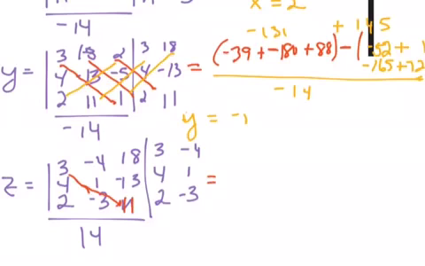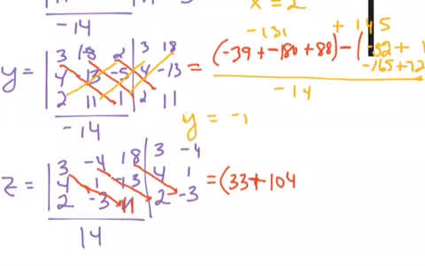All right, so I got 3 times 1 times 11 is 33, plus negative 4 times negative 13 times 2, so negative 4 times negative 13 times 2 is 104.